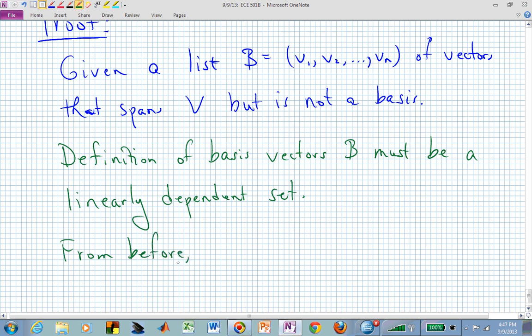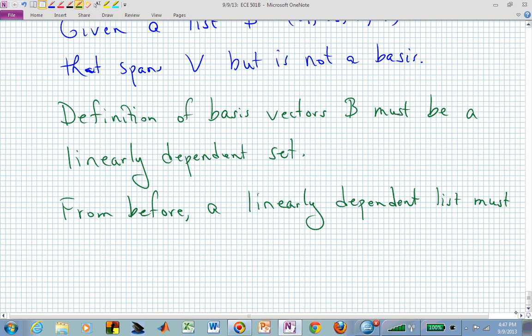Well, if we have linear dependency among vectors, then we can write some in terms of the others, can't we? From before, this linearly dependent list must contain at least one element or vector that we can write in terms of the others.